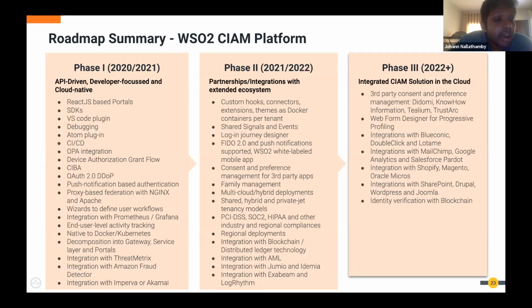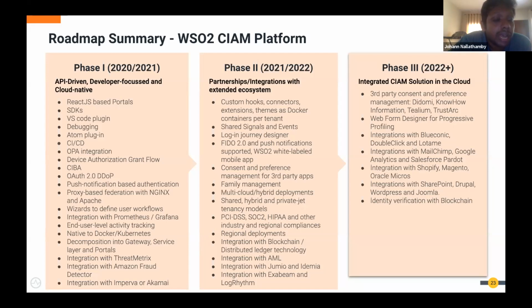We are working on a VS Code editor plugin to develop our adaptive authentication scripts and give the debugging capability. Also, continuous integration and continuous deployment, where you can directly edit the scripts in the VS Code editor and then push it to your source repository, and then through a CI/CD pipeline deploy it into development, test, and production.